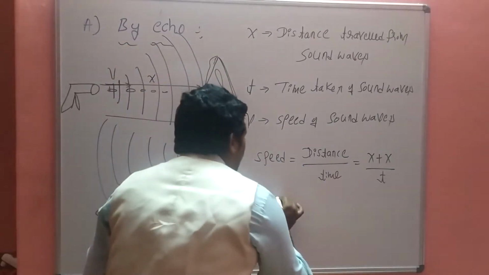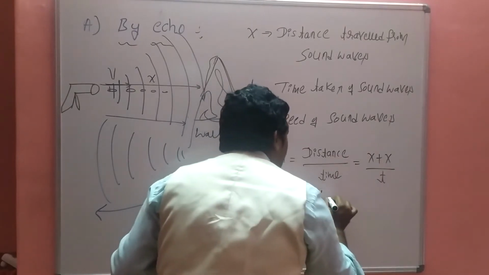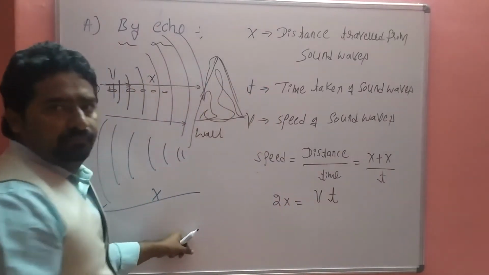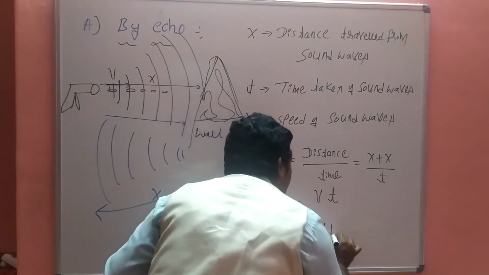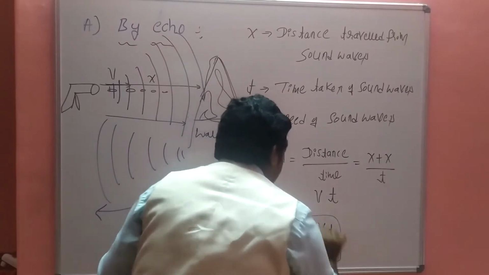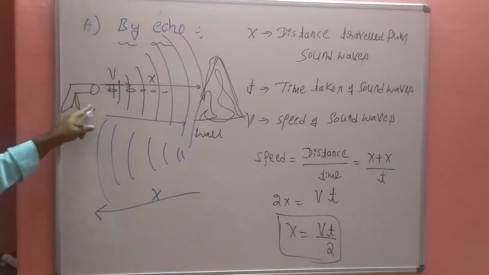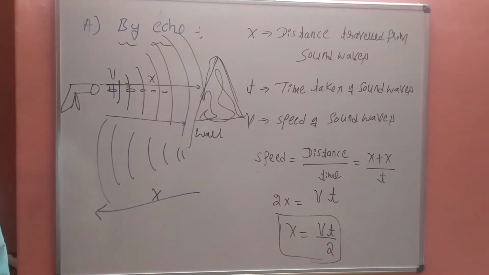Then 2x is equal to v into t. Then x is equal to vt divided by 2, where x is the distance between the gun and the wall.